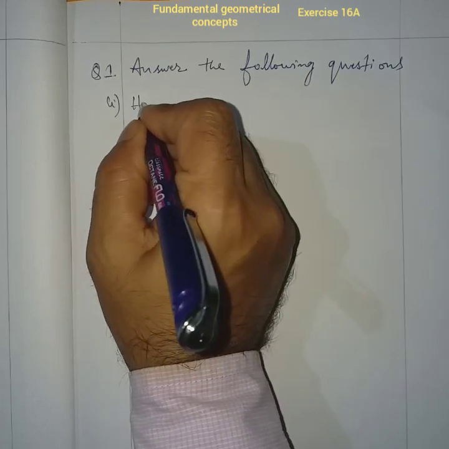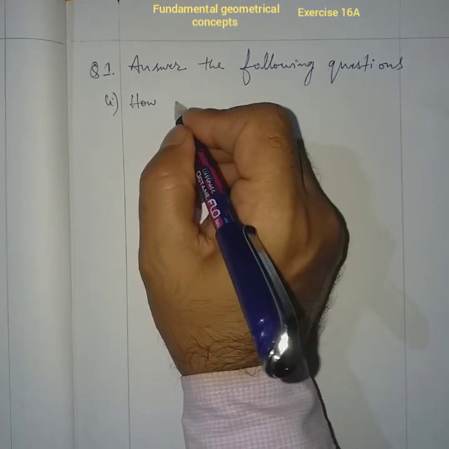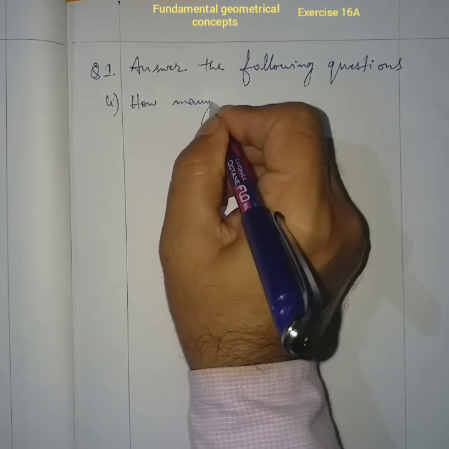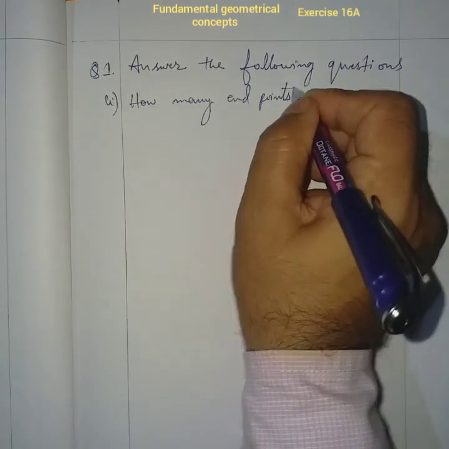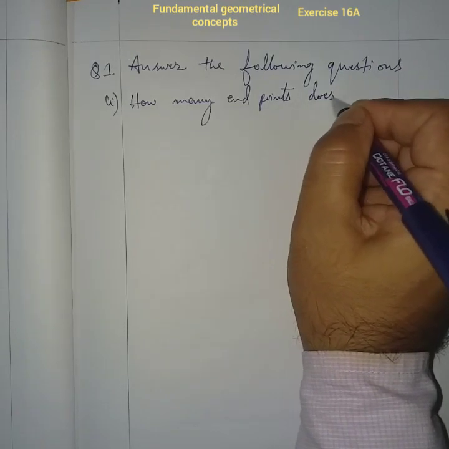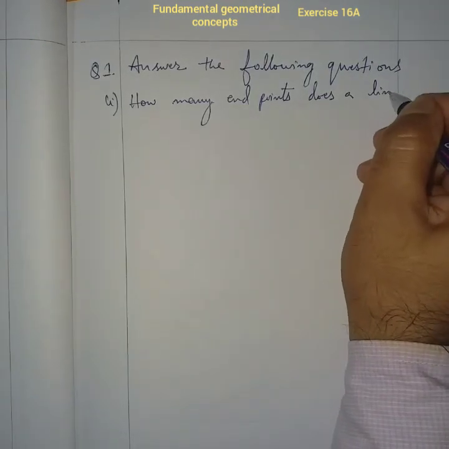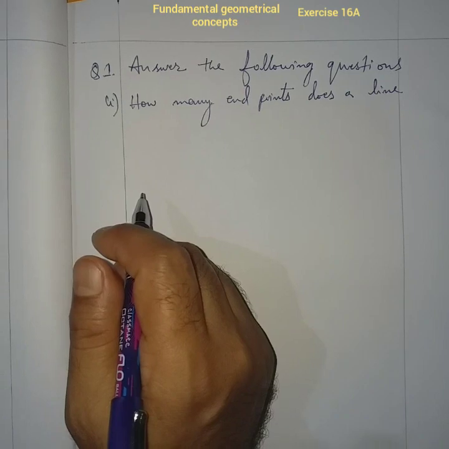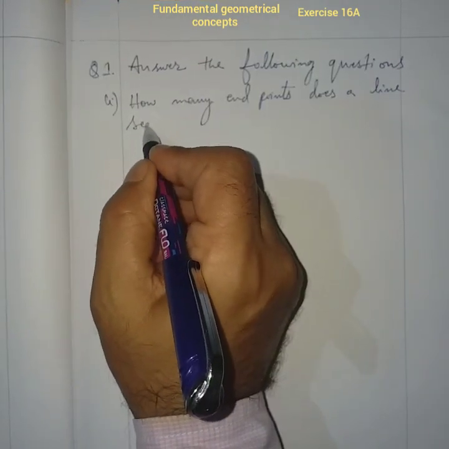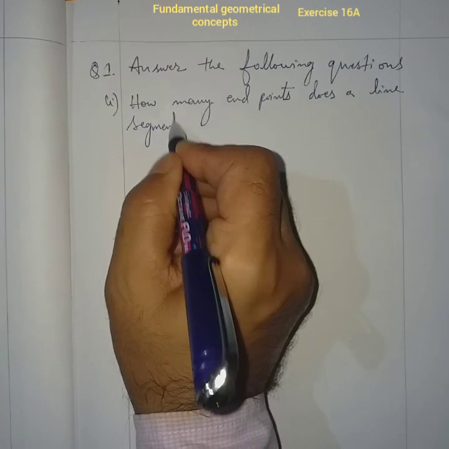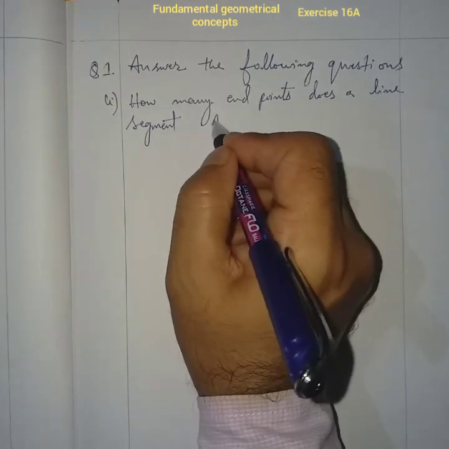How many end points does a line segment AB have?